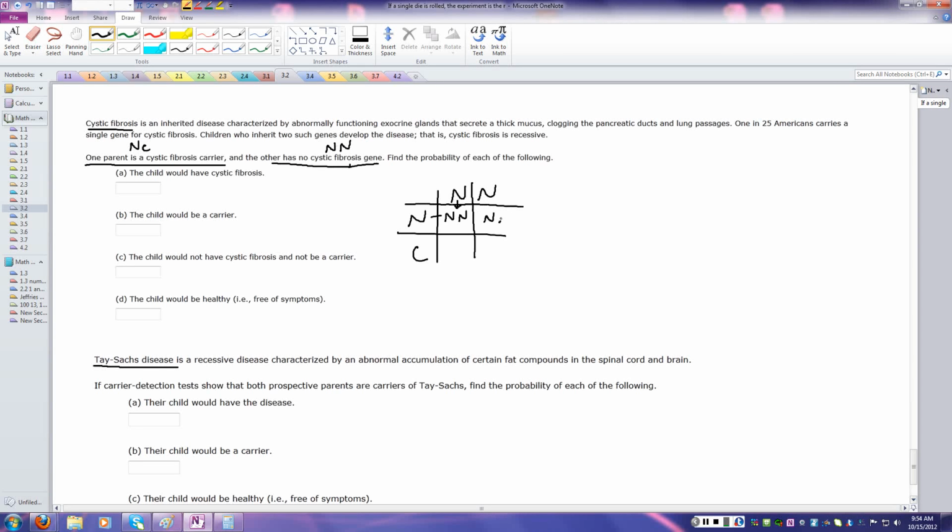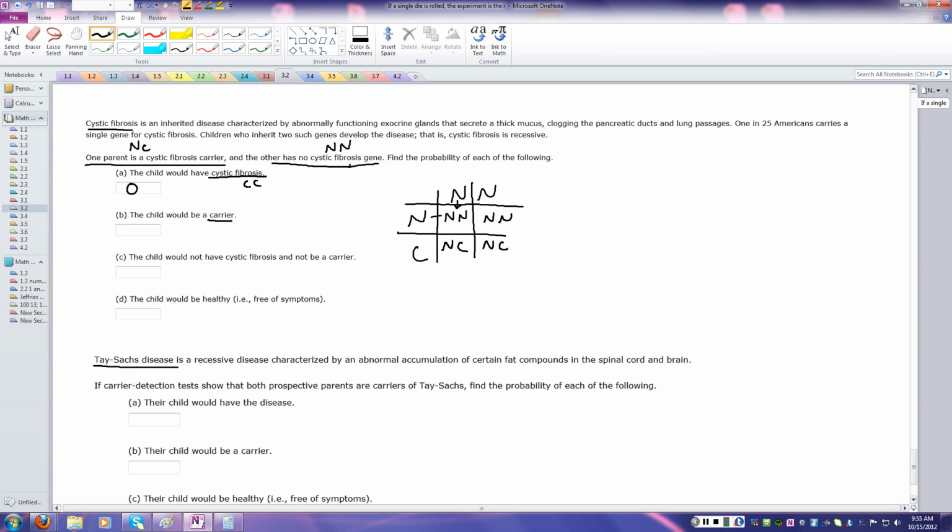This would be NN, this would be NC, and this would be NC. So the child would have cystic fibrosis, meaning the child would have to be CC. So the probability of that happening is 0%, because if I cross these, then there's no CCs in here.